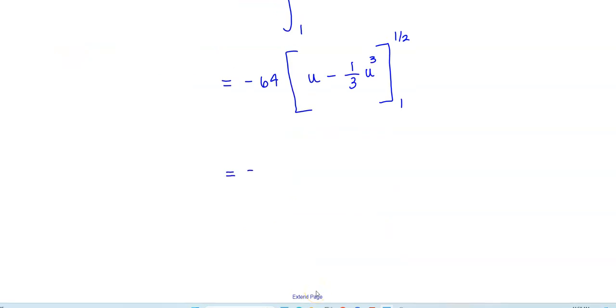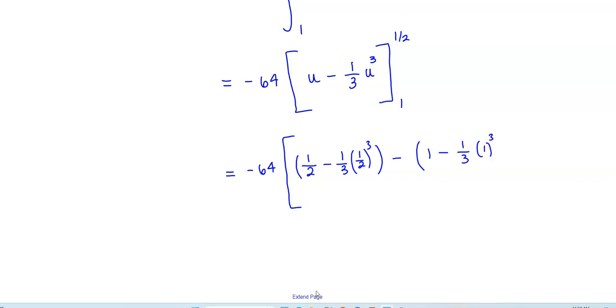So we have negative 64 times the following. So we have 1/2 minus 1/3 times 1/2 cubed, minus 1 minus 1/3 times 1 cubed.